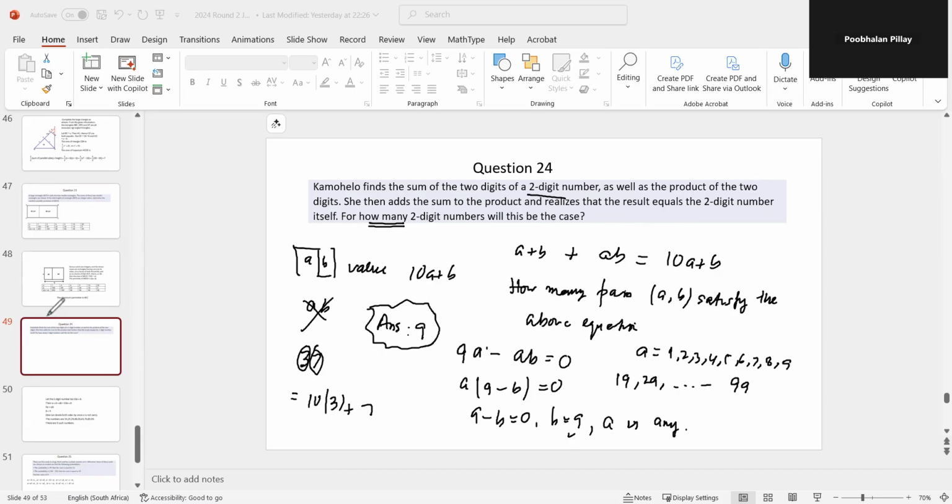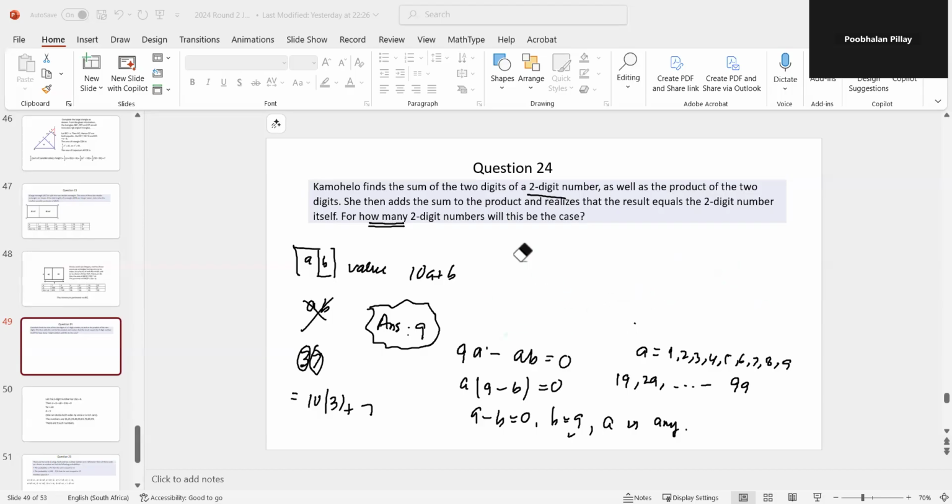Let's just check this thing out, because if you go back to your original problem, it says that these 2 digits have got a very interesting property. Let's take any one of these solutions. Take 49. And what makes 49 work? Suppose you take this 2-digit number. What does Hello do to this number? She adds the sum.